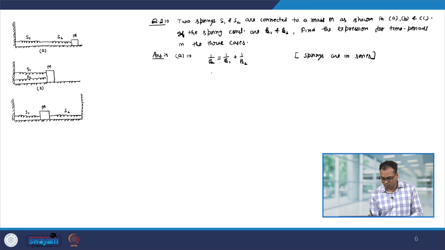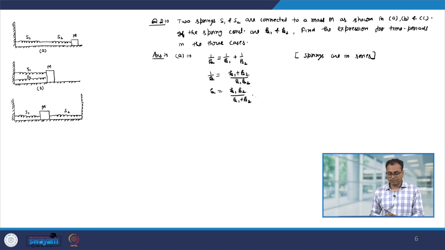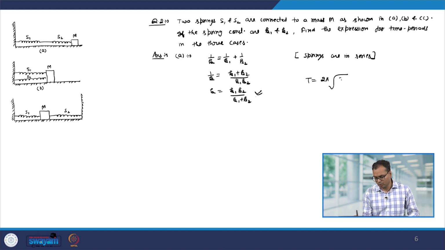So, therefore, 1 over k will be k1 plus k2 divided by k1 k2, and therefore k will be k1 k2 divided by k1 plus k2, and we know that the time period T is equal to 2 pi square root m over k. So, therefore, T will be 2 pi square root m into k1 plus k2 divided by k1 k2.